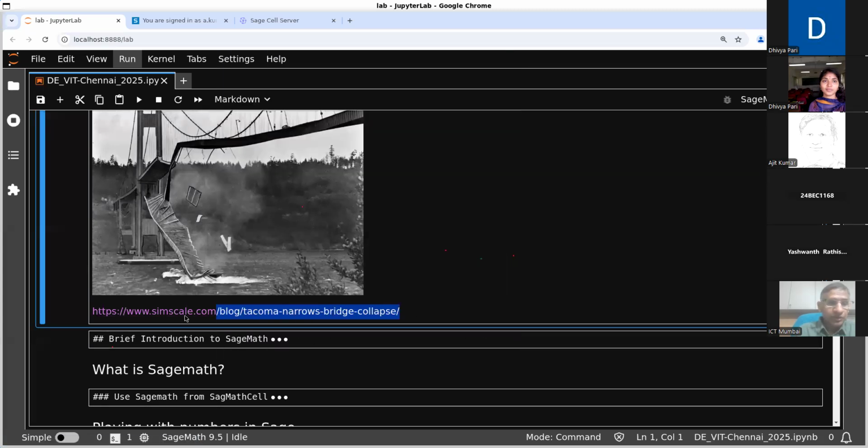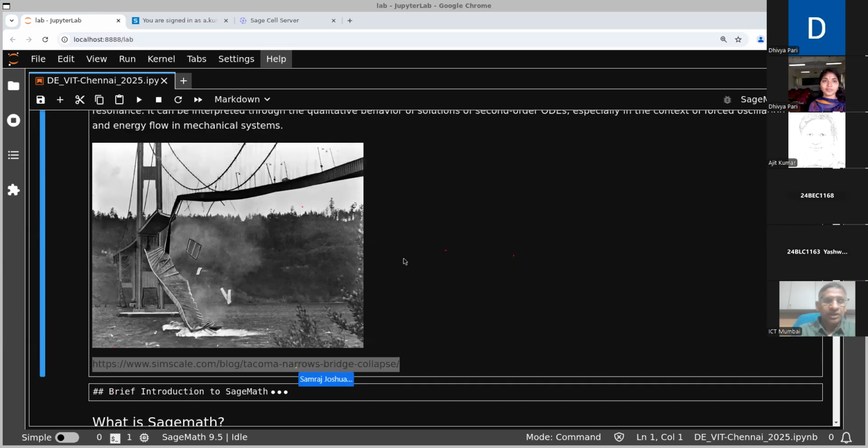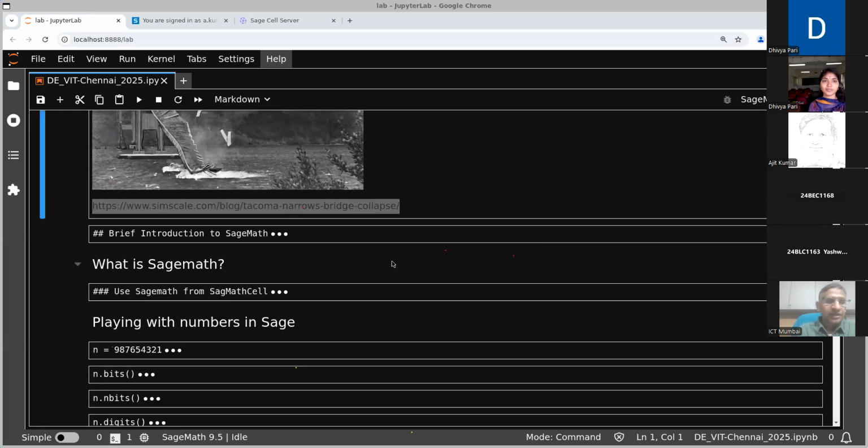There is a video for this also. They have recorded a video of how it collapsed. Of course that's unfortunate, but you can see here that even for bridges and other things, if it is designed, one has to look at all these things as an engineer, right?